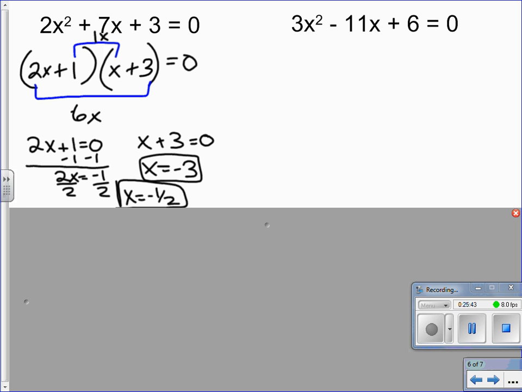Can you try factoring 3x squared minus 11x plus 6 equals 0? So that one's going to require a little bit more thinking and checking on your part. Could you please try to factor this polynomial? Give it a go, just like we did on the last one.